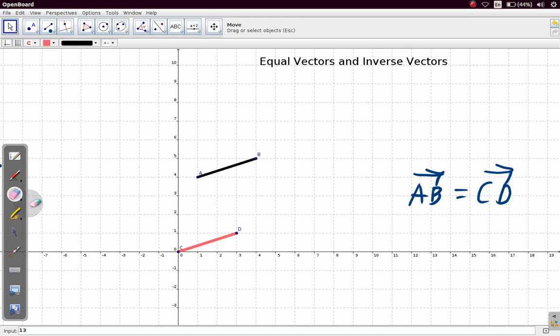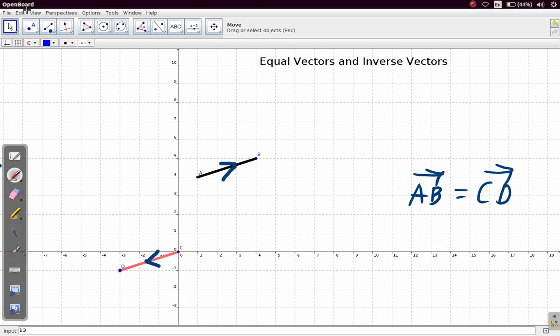Now, suppose I turn vector CD around like this so that the arrows point in opposite direction.